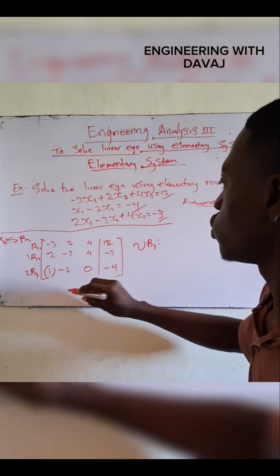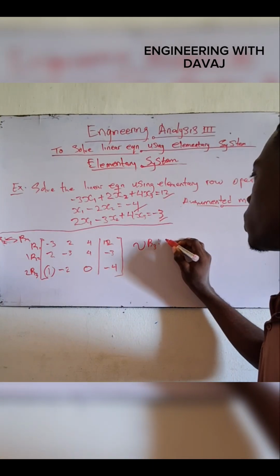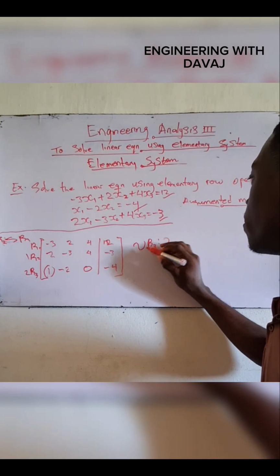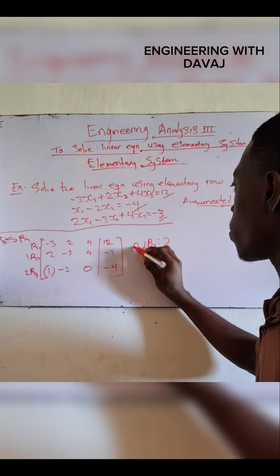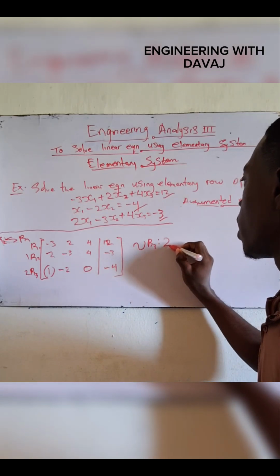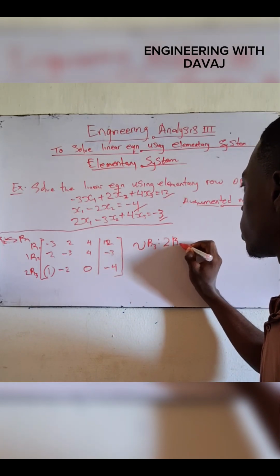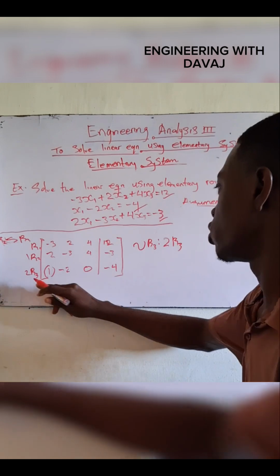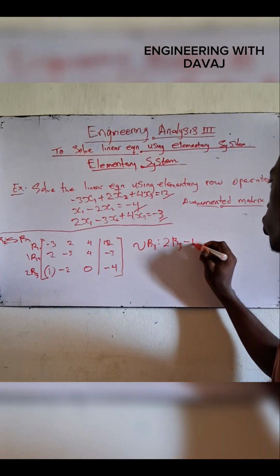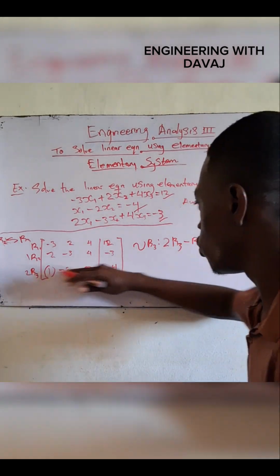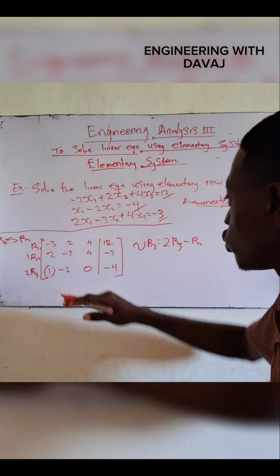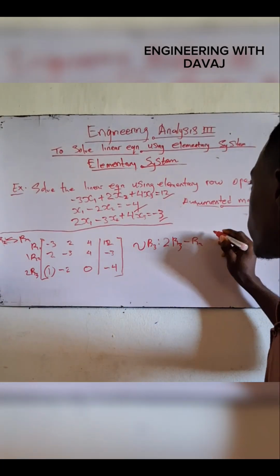So to make this 0, I'll take an operation on row 3 such that 2 of row 3 minus row 2 is going to be my new row. I've told you where I got that from. Do you understand? It's going to be my new row. So let's go.